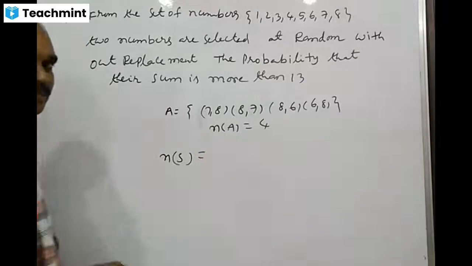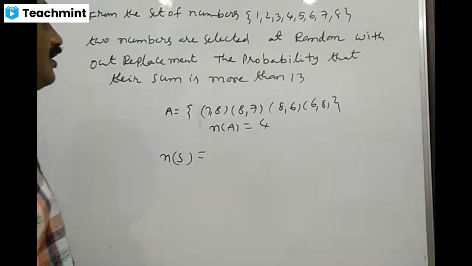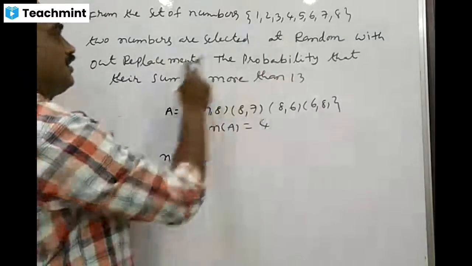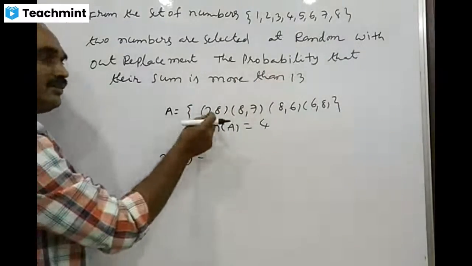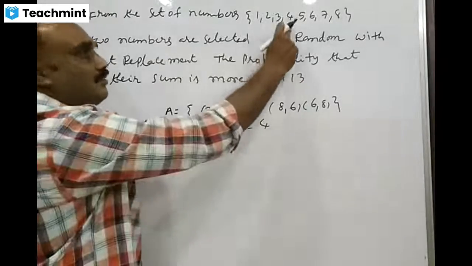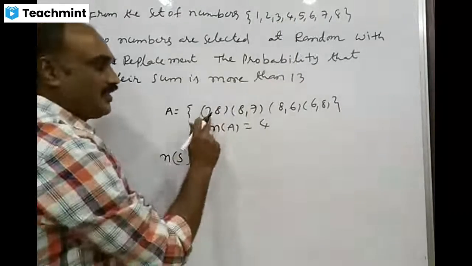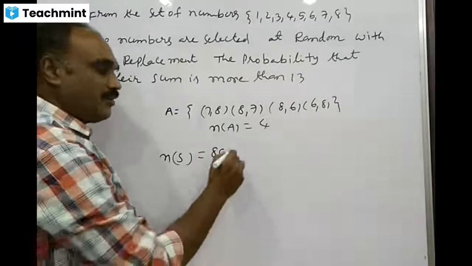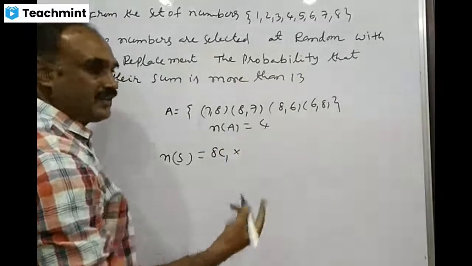N of S is equal to. So here select two numbers at random without replacement. Friends, first select one number. Total numbers 8, select one number, 8C1 ways. Remaining numbers, total numbers remaining 7.